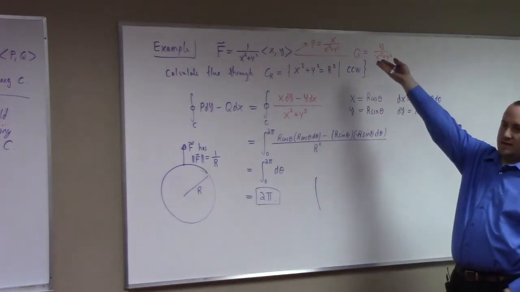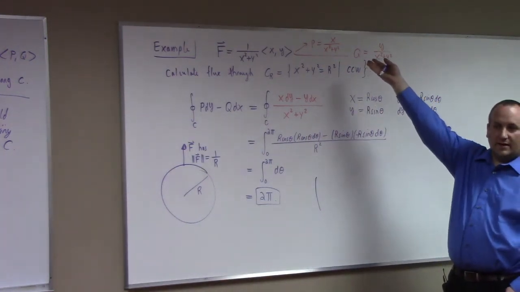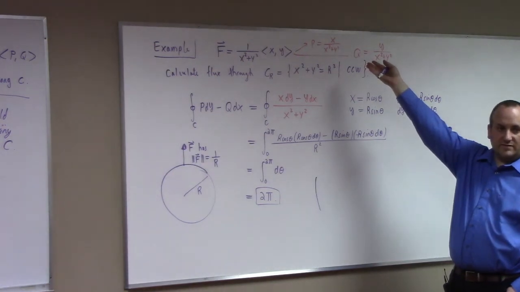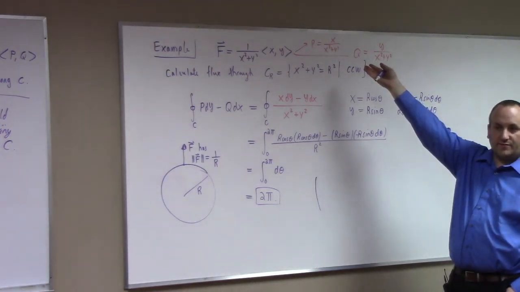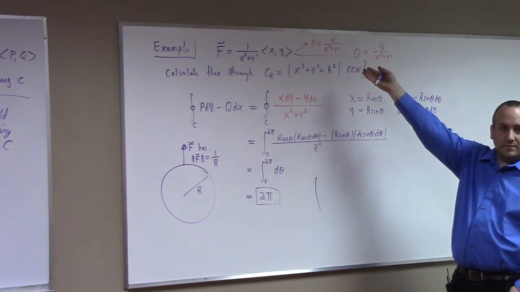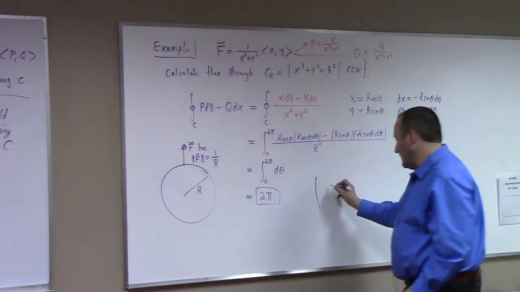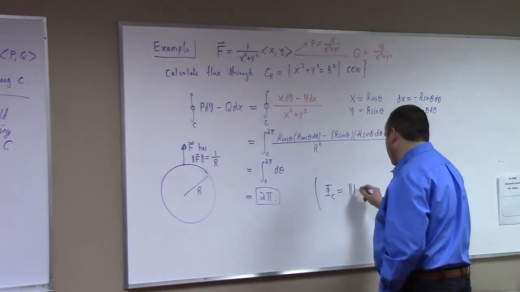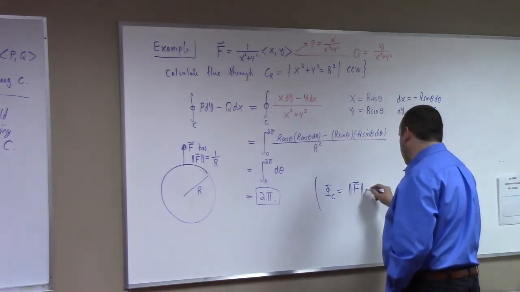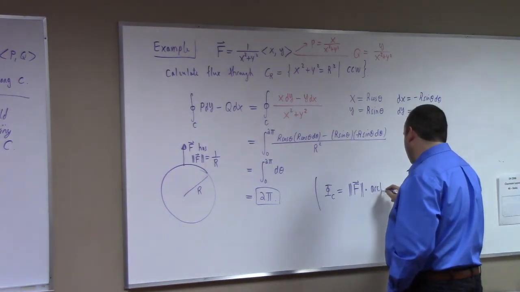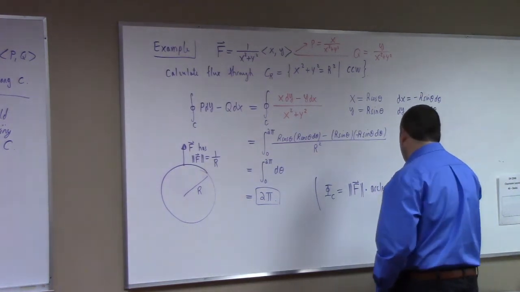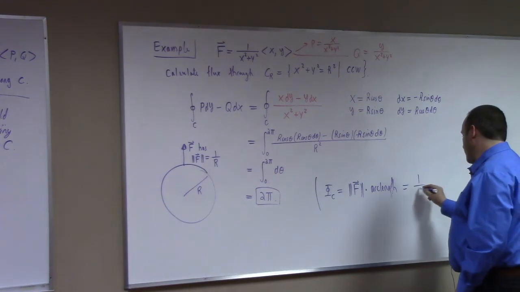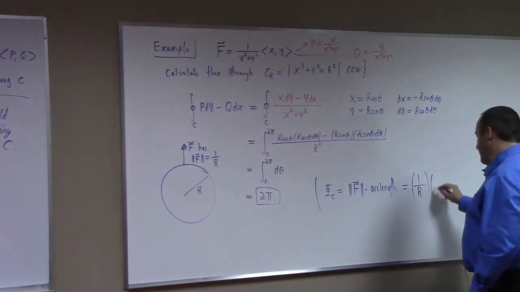At a point which is distance r from the origin, divided by r squared, the magnitude is 1 over r. So the flux, in this case, really is the magnitude of F times the arc length, which is 1 over r times 2 pi r.